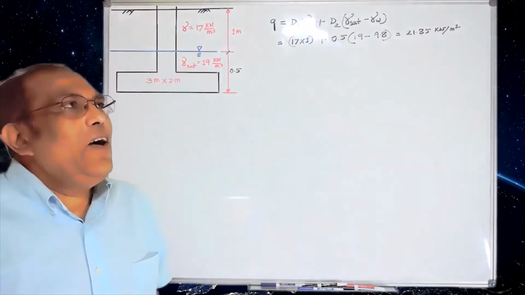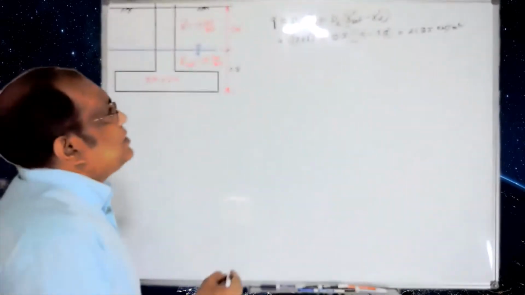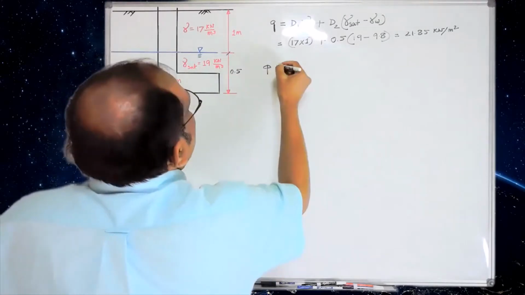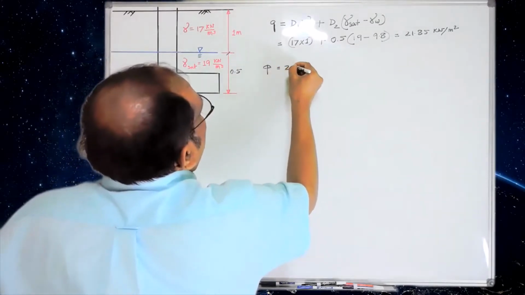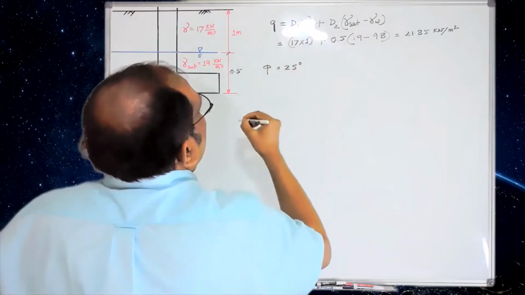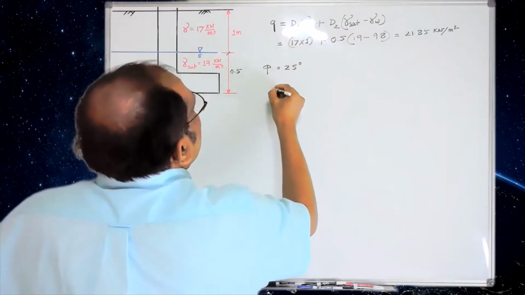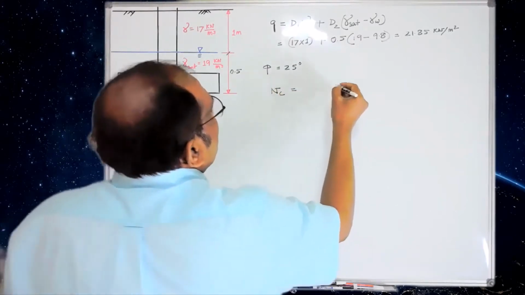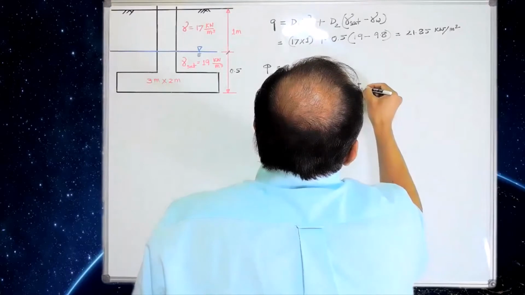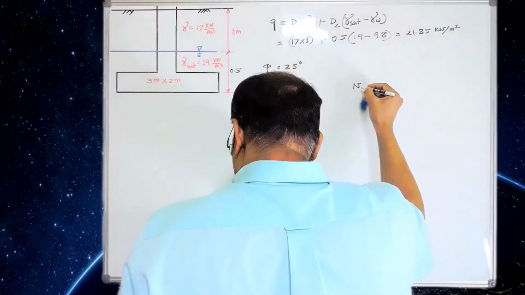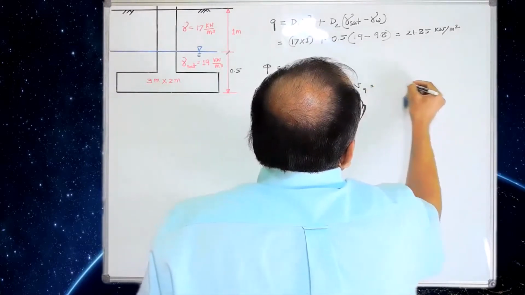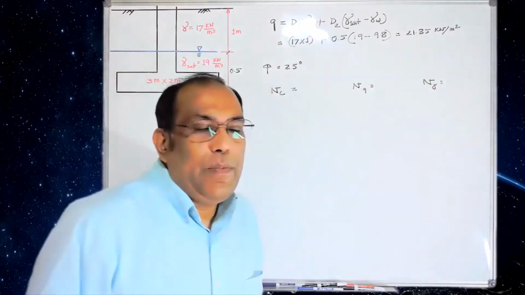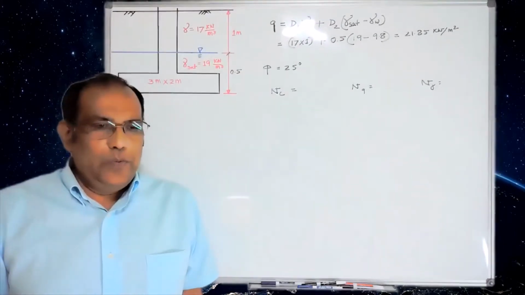Okay. Now, we have to take a look at what our phi is. So, phi for this problem is 25 degrees. So, your NC, NQ and N gamma, we have to find that out from table 6.2.